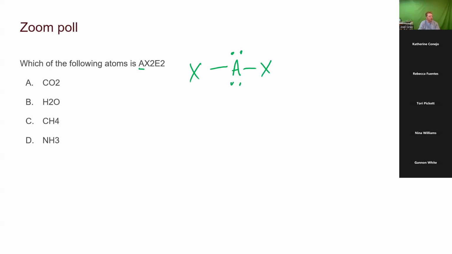Now I'm going to draw each one of these. CO2. Carbon has 4 electrons. Each oxygen has 6 electrons. So that means we've got 4 plus 12 equals 16 electrons total to draw.